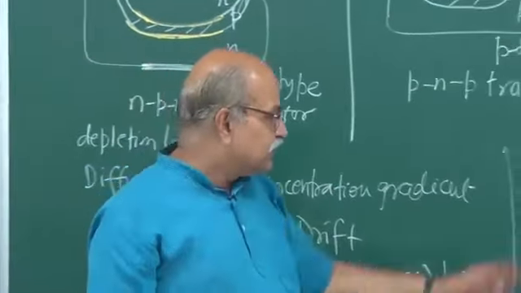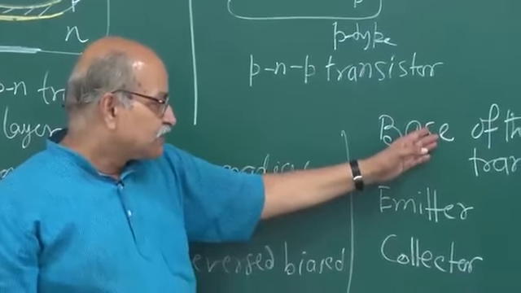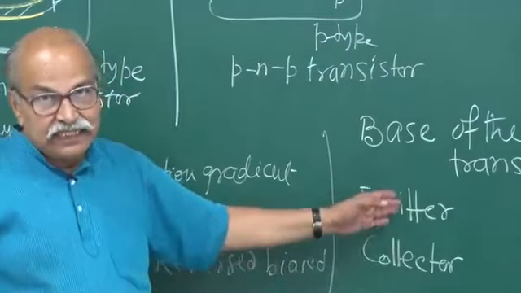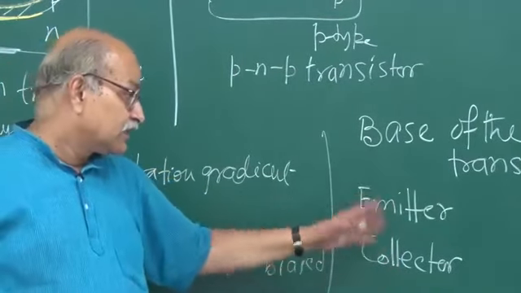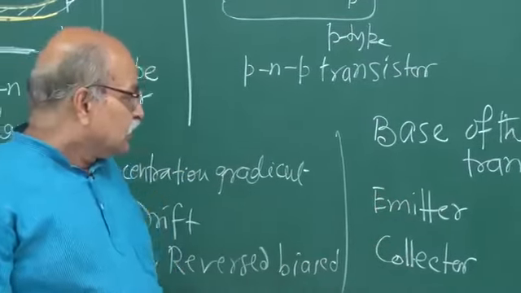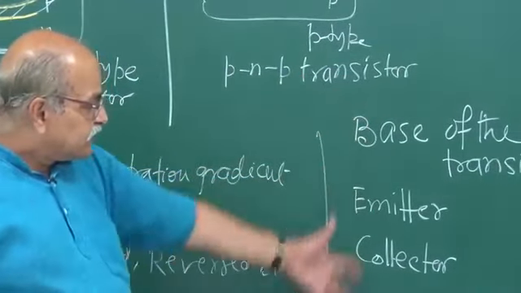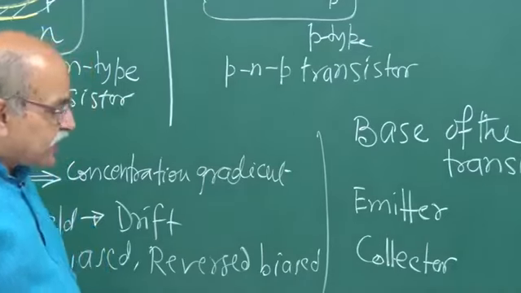What is the difference between these three? The base is of course sandwiched, and the two sides are of the same kind, n-type, but there is still a difference. Three things are there, and each has different characteristics.